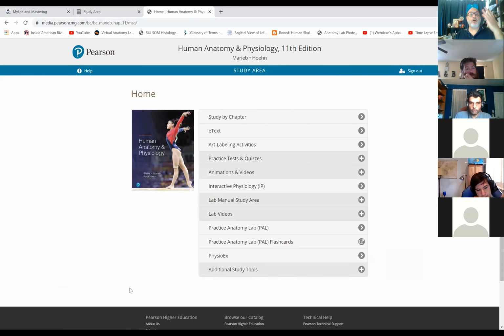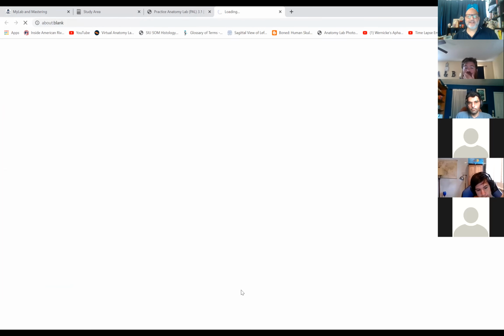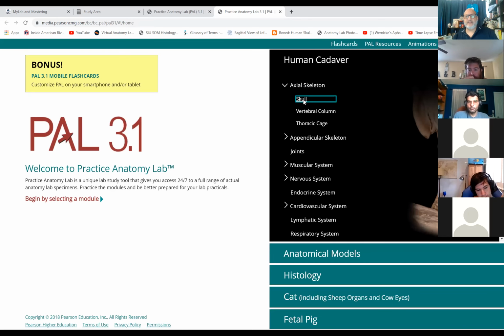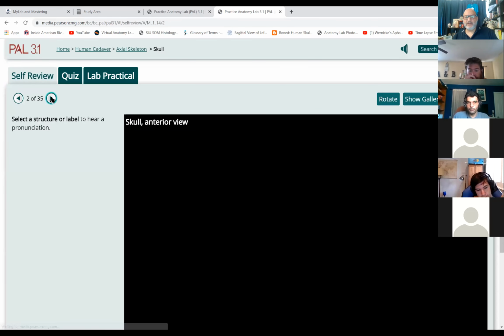Because the other thing that hopefully you took advantage of for the skeletal system is your practice anatomy lab. Since it's going to be on this exam too, if you haven't looked at it yet, the good news is there are some skulls, and that's a crappy picture, but come on, give me a side view.